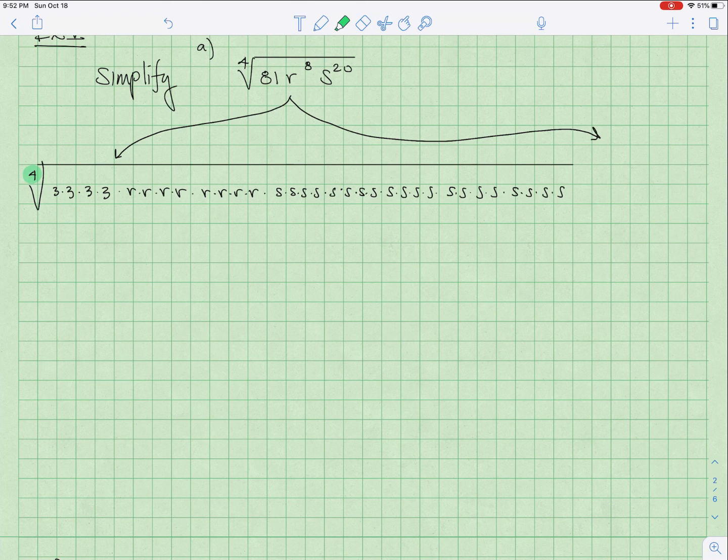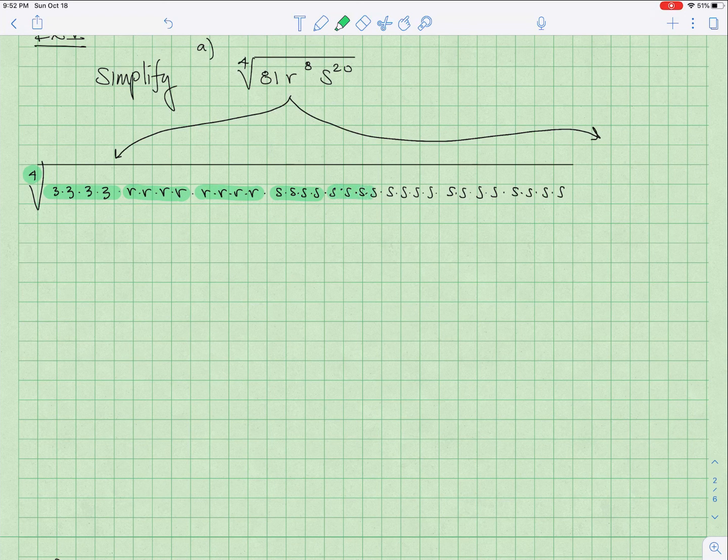in groups of 4. So I have one grouping of 4 3s. I have two groupings of 4 factors of r, and 1, 2, 3. Oh, that's kind of bleeding together there.